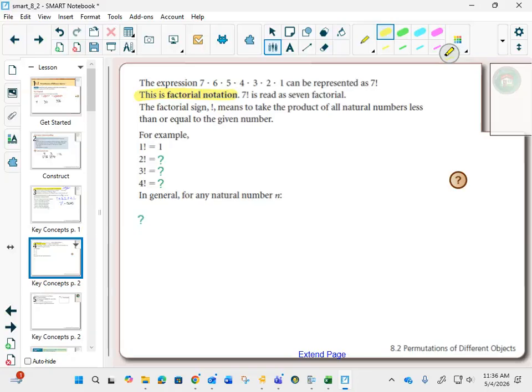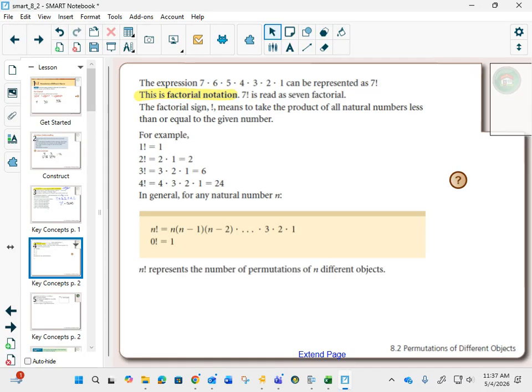A very excited 1 is just 1. A very excited 2, it lives next door to 1, is just 2. But 3 is 6. And 4 is already 24. And each time you're multiplying all the way down to 1. So if you had an n factorial, you'd start with n. Then you'd subtract 1.